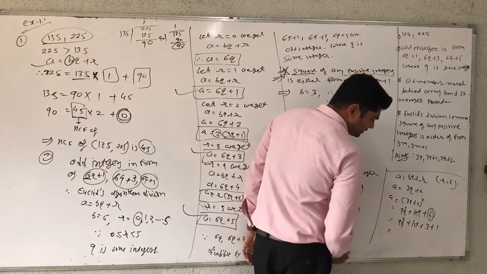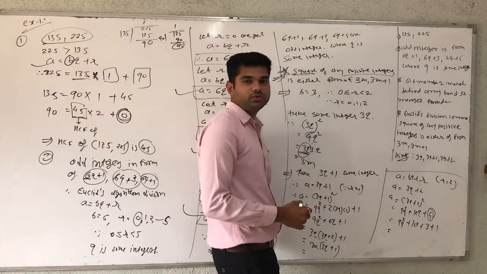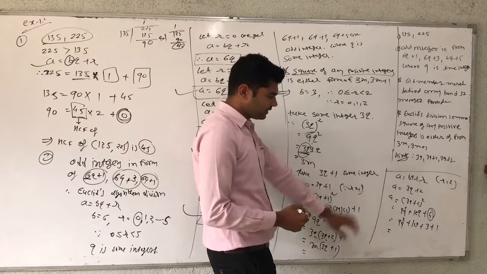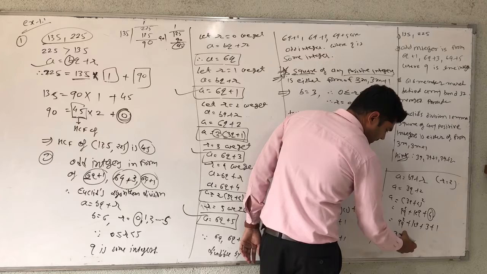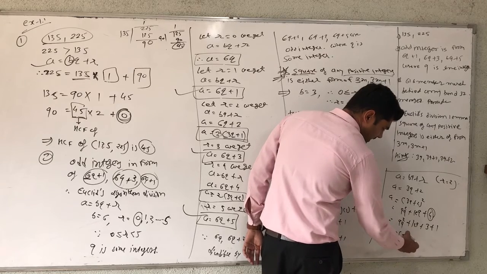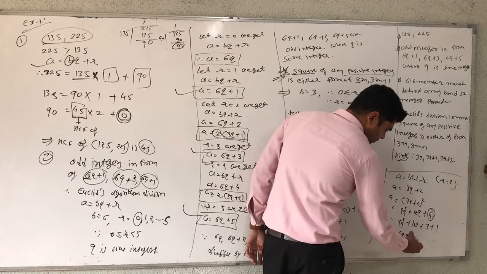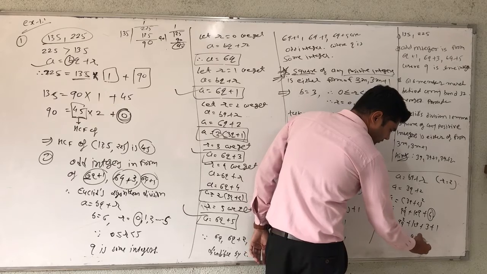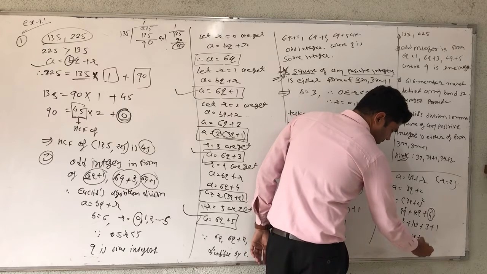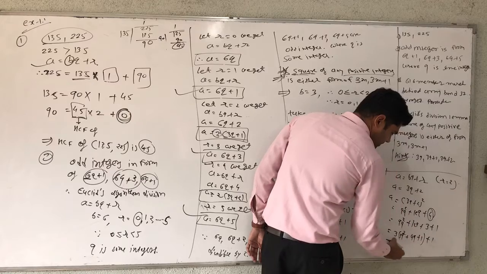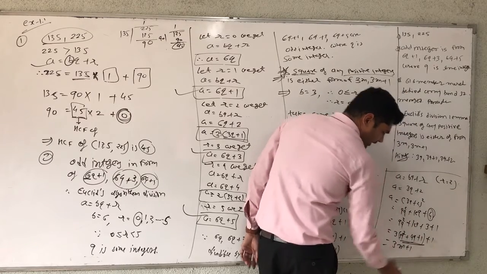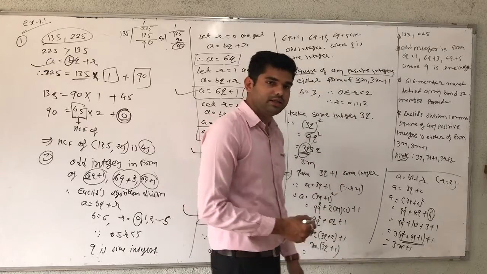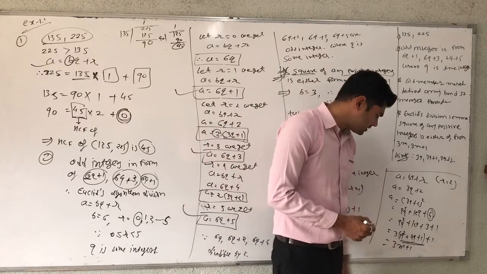So in all three terms we take 3 common, and the remaining part is 3q square plus 4q plus 1 plus 1, and we take all of this part as m. m is some integer, and the given answer is 3m plus 1.